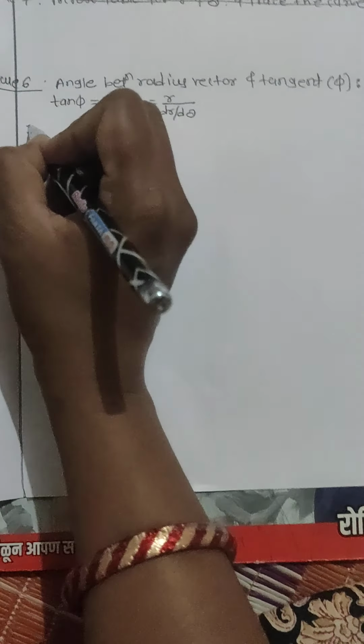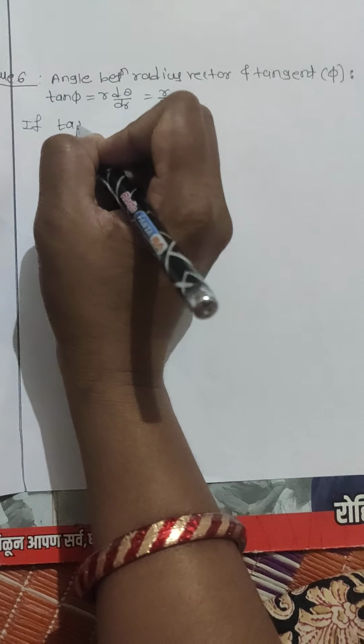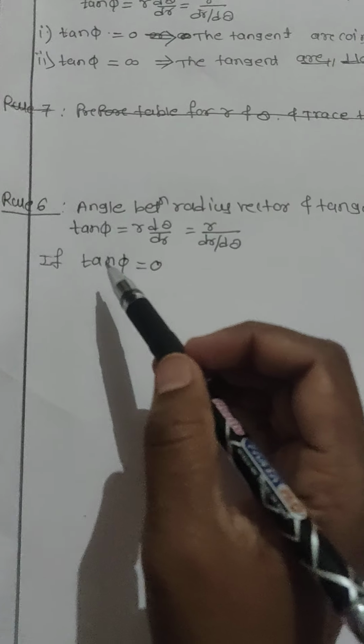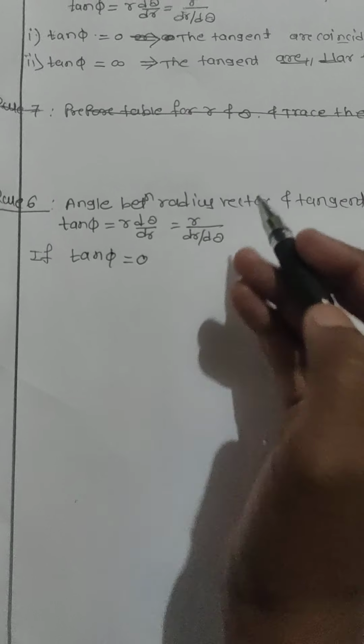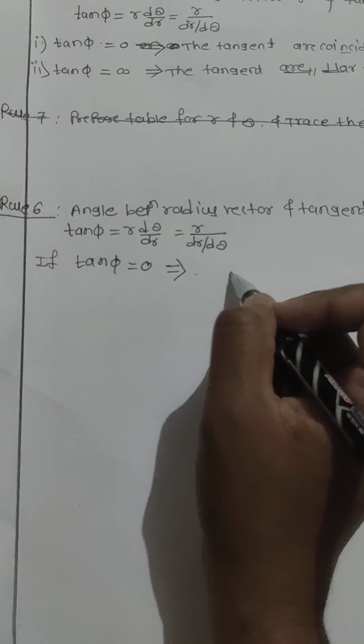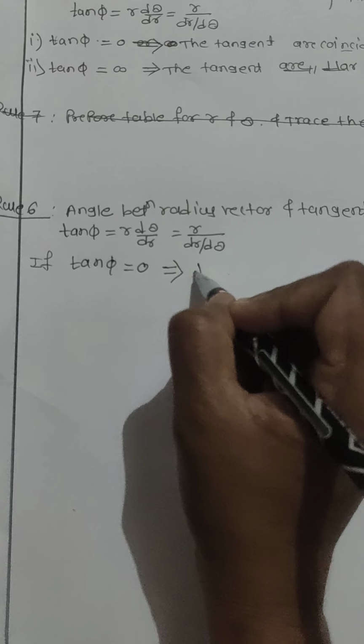If tan phi equal to 0, we write the conclusion: the tangents are coincident with the radius vector.